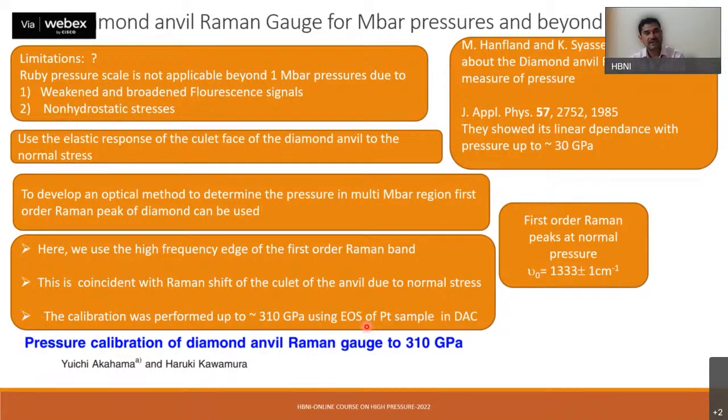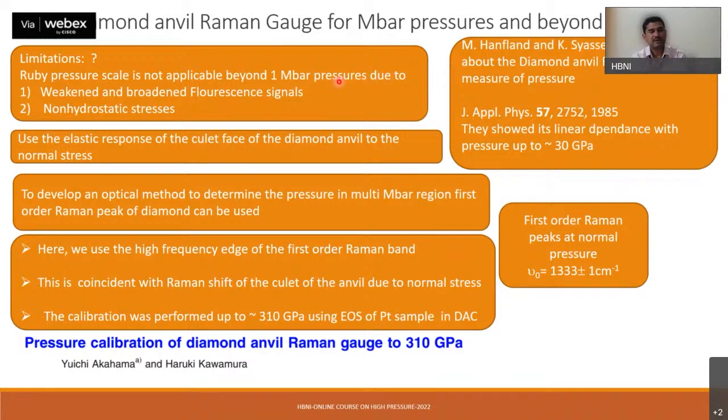Another thing is that at megabar pressures and beyond, the diamond itself, as I told you the other day, shows cupping or a lensing effect, because of which the Ruby signal also gets diminished. So the Ruby scale is not applicable beyond 1 megabar, or there will be very large errors in the pressure values if you still use it.